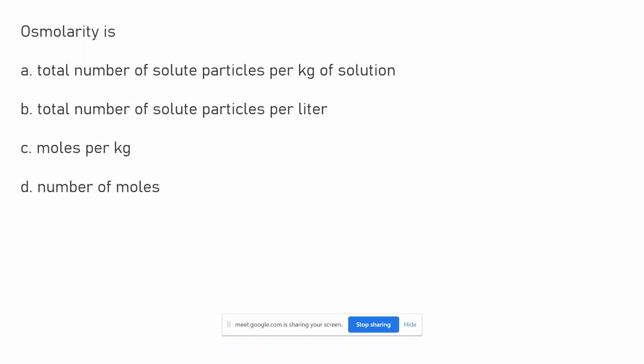Moving on to the next question: osmolarity is total number of solute particles per kg of solution, total number of solute particles per liter, moles per kg, or number of moles.